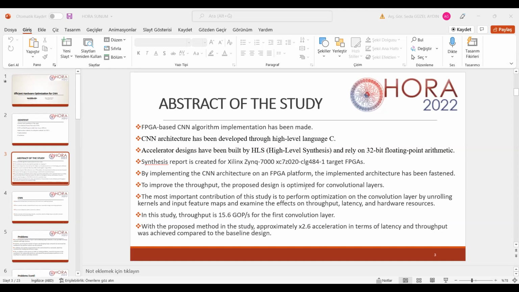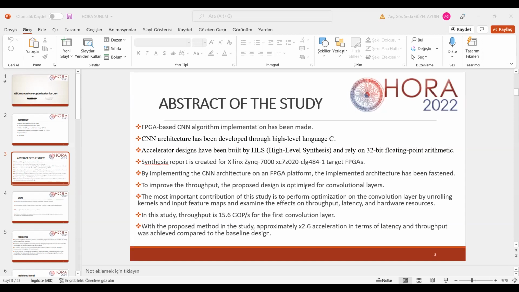By implementing the convolutional neural network architecture on an FPGA platform, the implemented architecture has been tested with some optimization methods to improve the throughput. The proposed design is optimized for convolutional layers. The most important contribution of our paper is to perform optimization on the convolutional layer by unrolling the kernels and input feature maps and examine the effect on throughput, latency, and hardware resources.